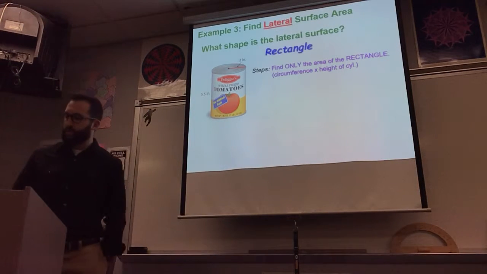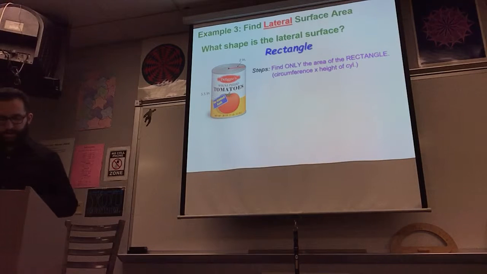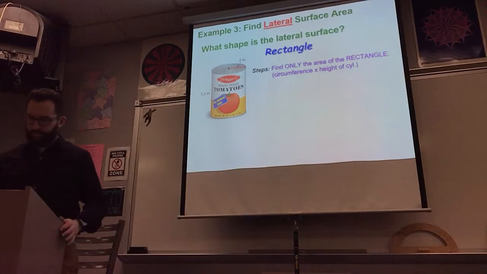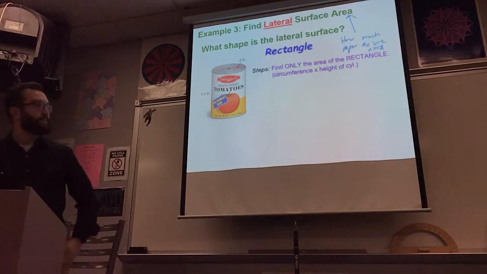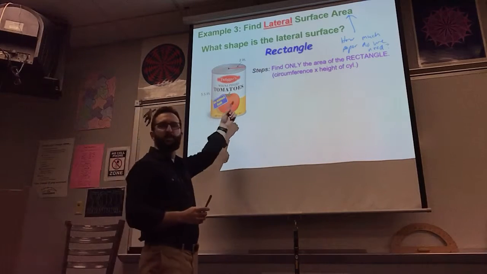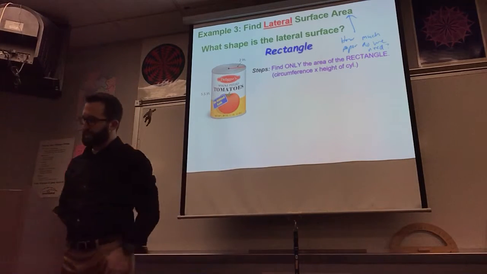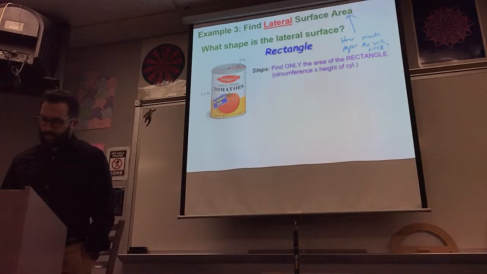It's a rectangle, so we only want to do the rectangle part. What this is saying is, how much paper do we need? That's what this question's asking. How much paper do we need for the label? So we only need to do the rectangle part.